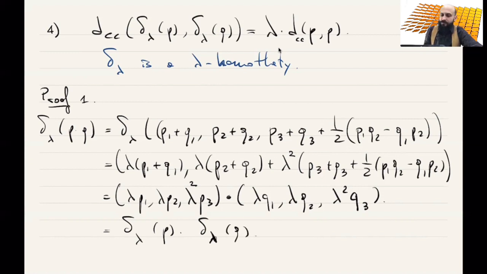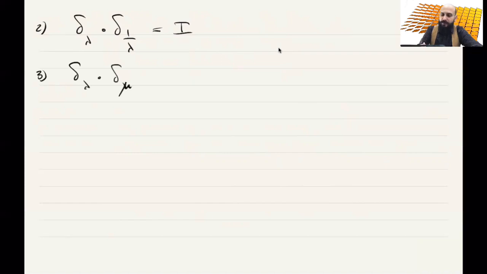Okay, so the fact that delta lambda composed with delta 1 over lambda is the identity is obvious, right? In the third coordinate you're multiplying by lambda square and then dividing by lambda square. And also, a more general fact: if you have lambda and mu, then what's happening to the third coordinate?